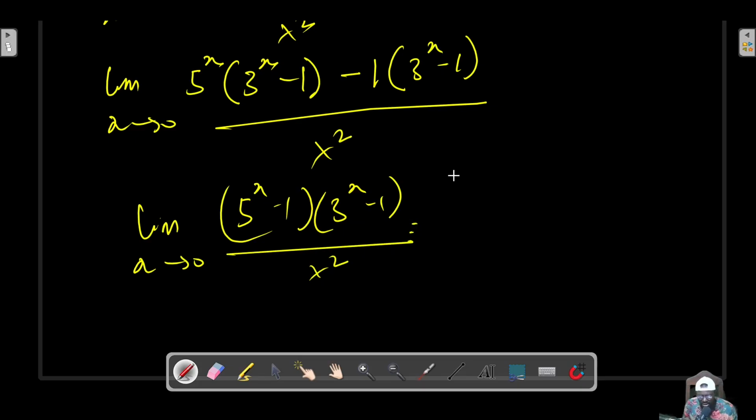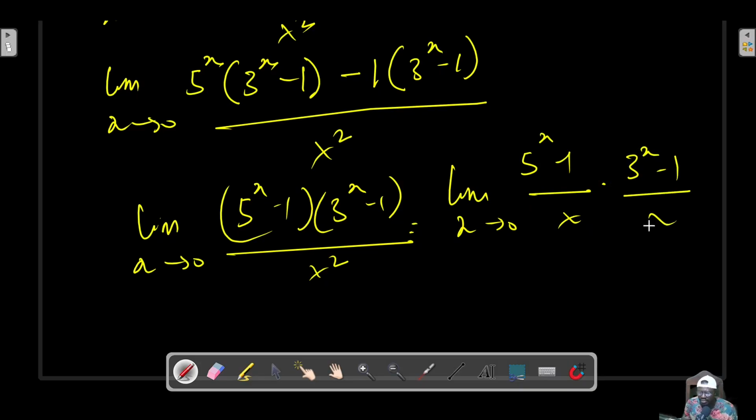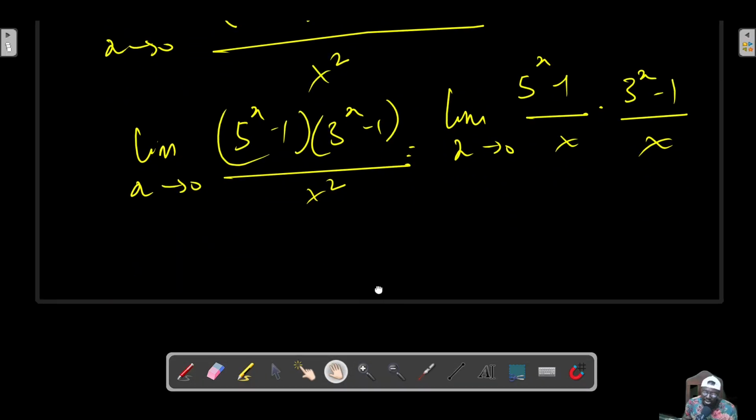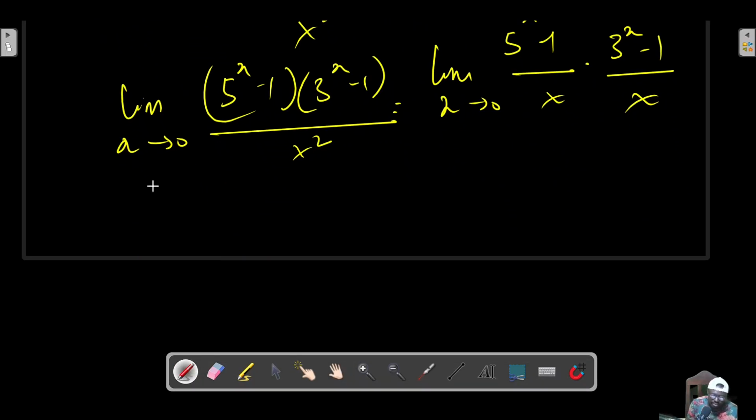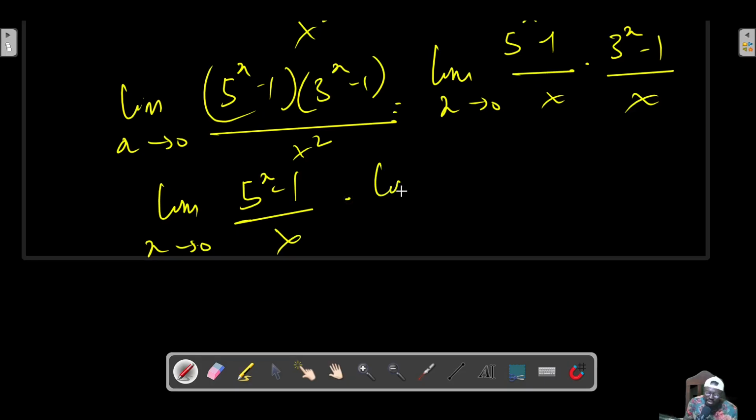Can we write this as the limit as x approaches 0 of 5 raised to the power x minus 1 divided by x, times 3 raised to the power x minus 1 divided by x. Then I can apply the product rule and say the limit as x approaches 0 of 5 raised to the power x minus 1 divided by x, multiplying the limit as x approaches 0 of 3 raised to the power x minus 1 on x.